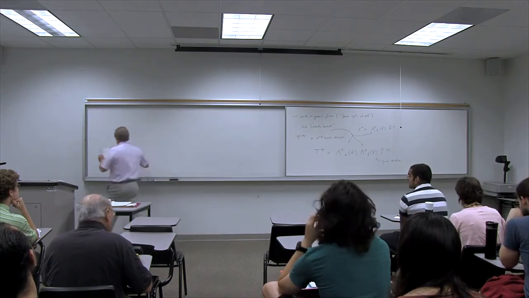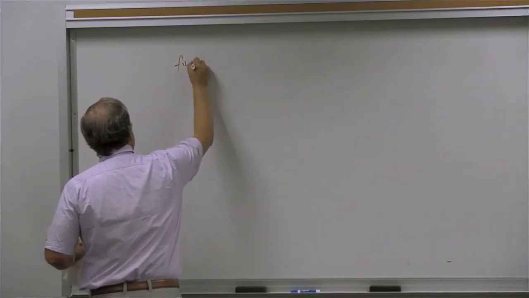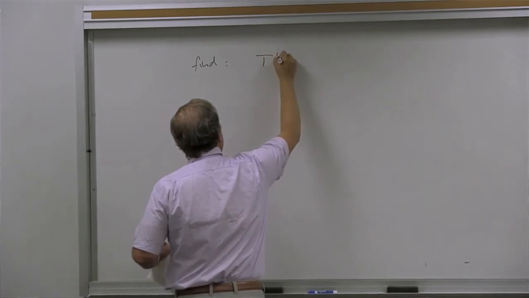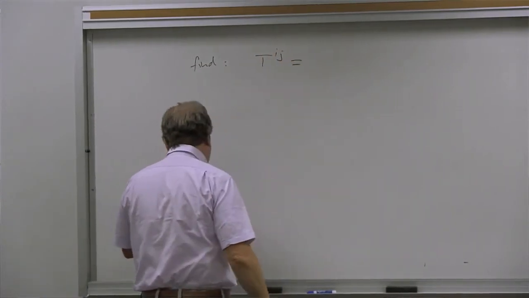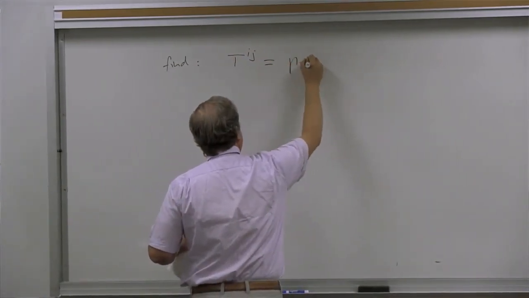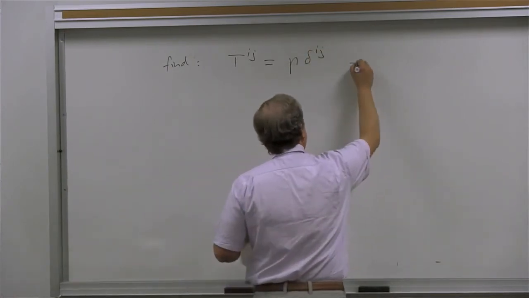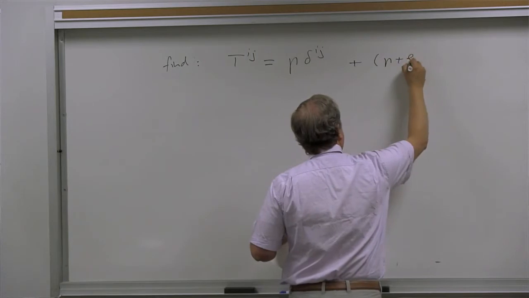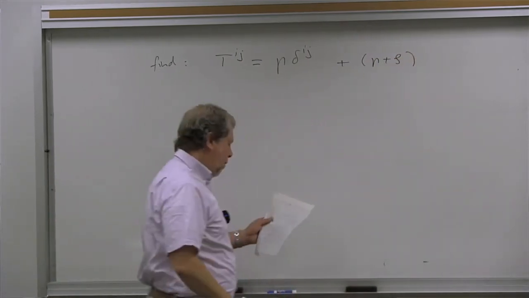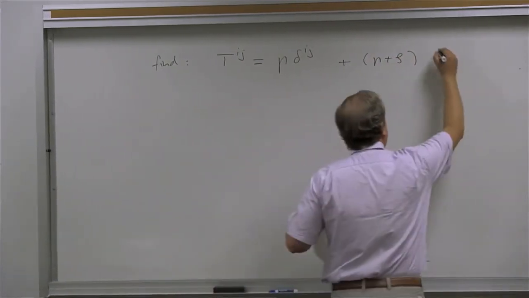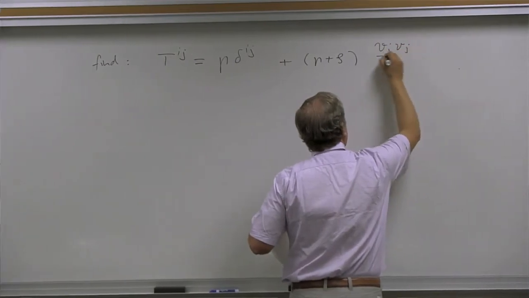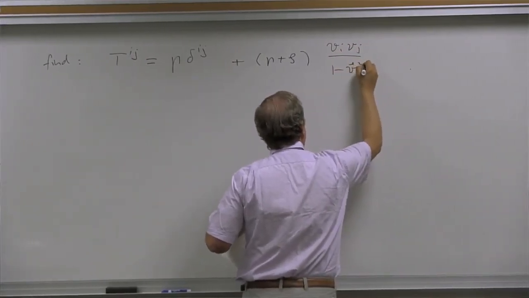All right, so you find that T ij is equal to P times delta ij, plus P plus rho, times, now the velocities come in, so we have v i v j divided by 1 minus v squared.